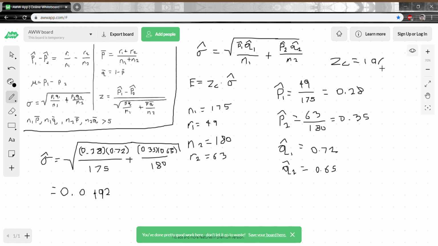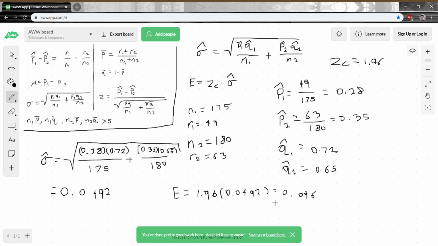That can be found in the back of the book, which means we calculate our margin of error E to be 1.96 times 0.0492, which is equal to 0.096.